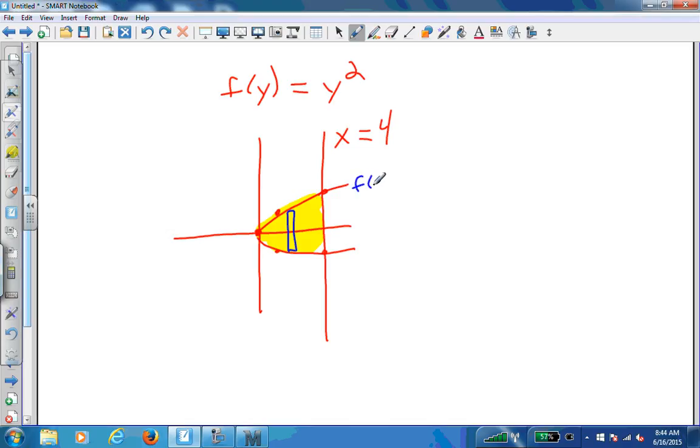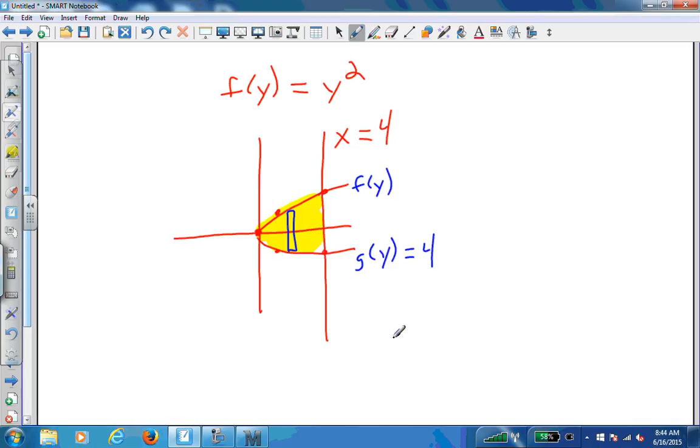This function here is f of y. When I use the term function loosely, it's technically not a function. It doesn't pass the vertical line test, but this part is given by f of y. This part is given by, you could call it, g of y, which is a constant function.